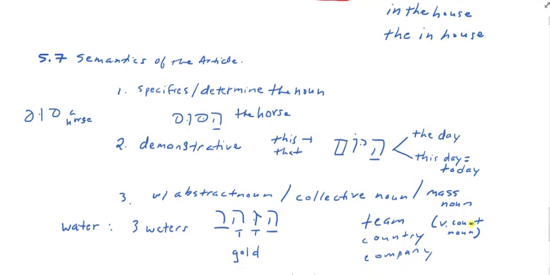So what's the point here? Why am I dealing with these sorts of nouns? Well, the point is simply that in Hebrew, frequently you might see an article with a noun that we would consider an abstract noun or a collective noun or a mass noun, where in English we might not use an article. So the word zahav is the word gold, and it can occur in Hebrew with the article, hazahav.